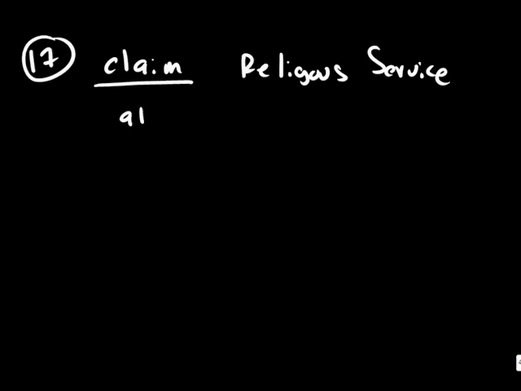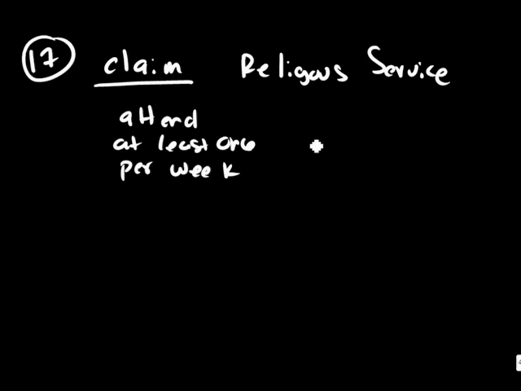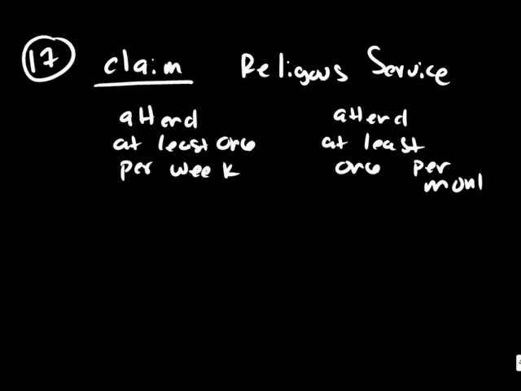Now this is going to be compared to those who attend at least once a month. Two groups. Group 1, Group 2. Population 1, Population 2. They're claiming that the rates are the same.